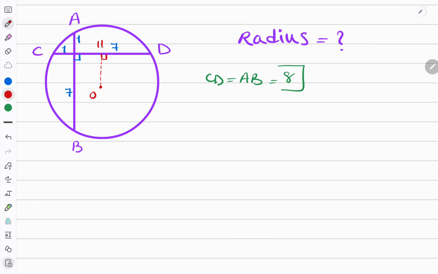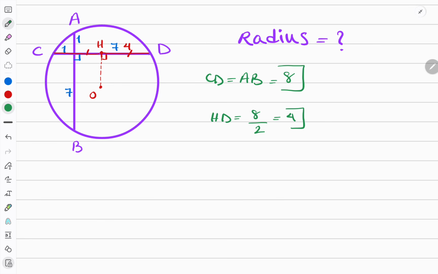So if we call this H, in fact, HD, this part, equals CH, this part. Okay, so HD is half of 8, which is 4. HD is 4.